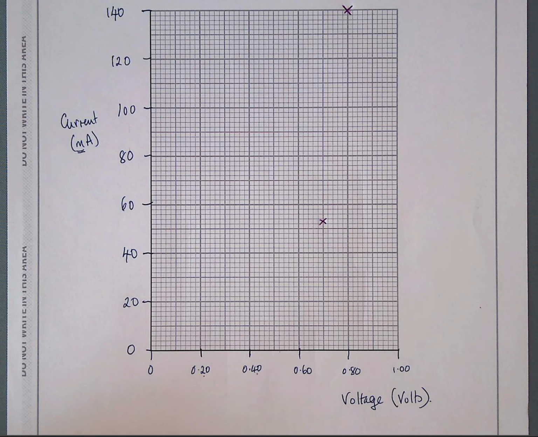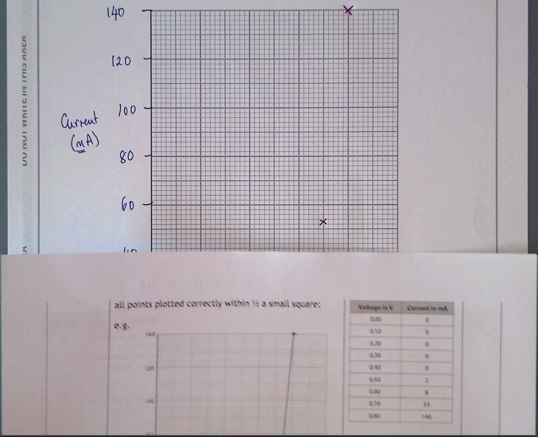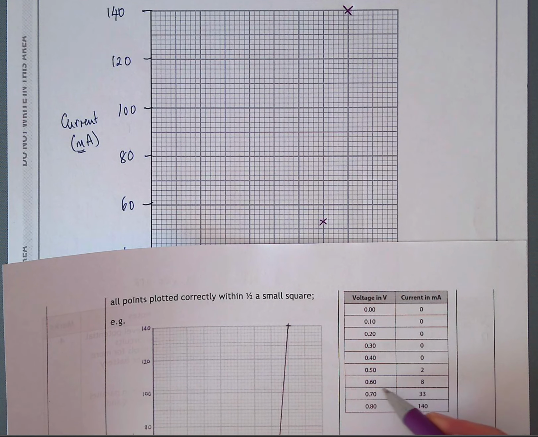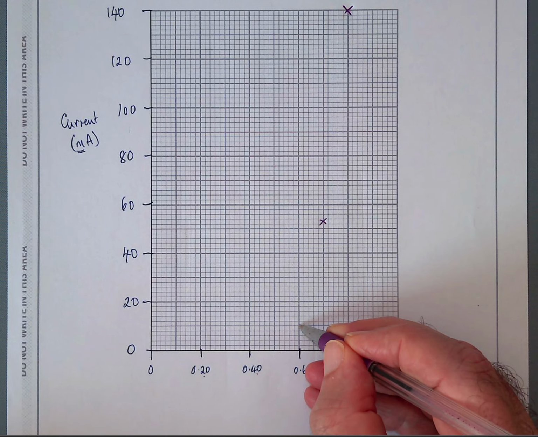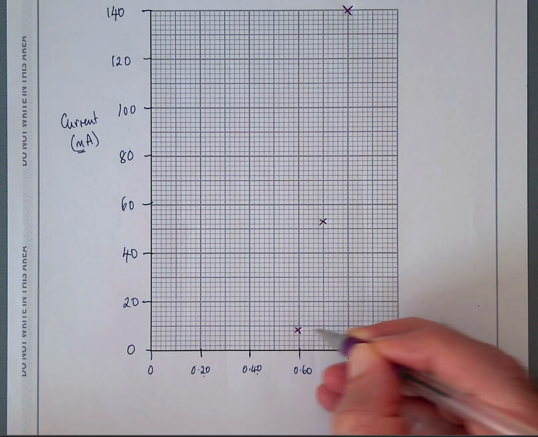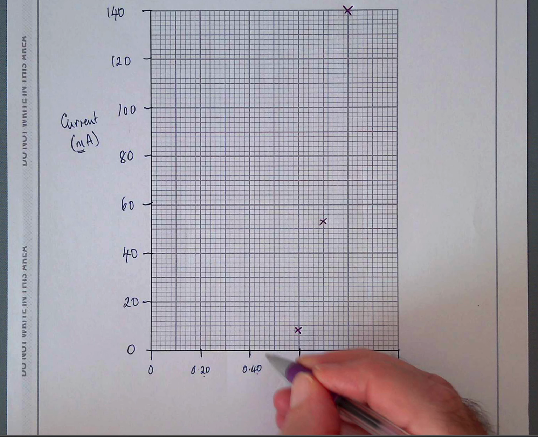The third one, if I show you on here, this is the examiner's graph, 0.6 is 8, whereas 10, so 8 is there, and 0.5 is, I said, 2.